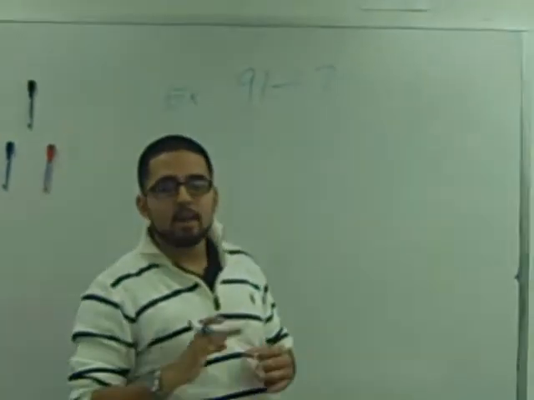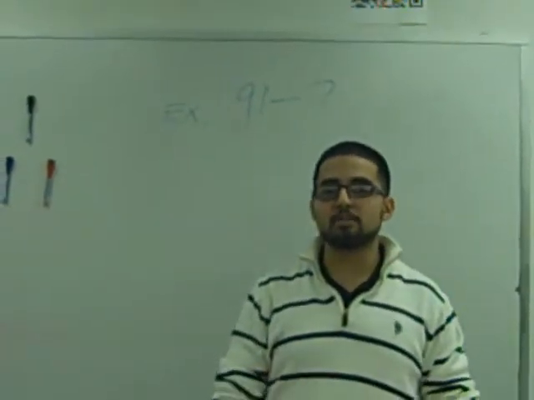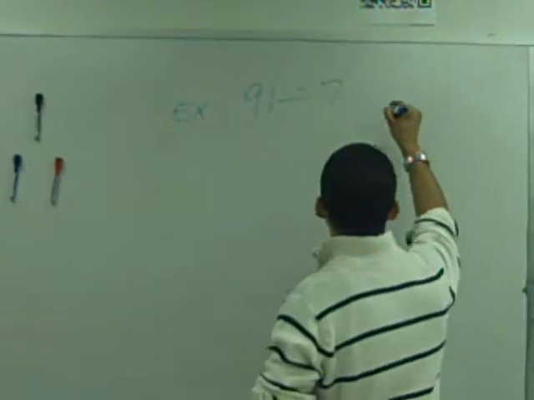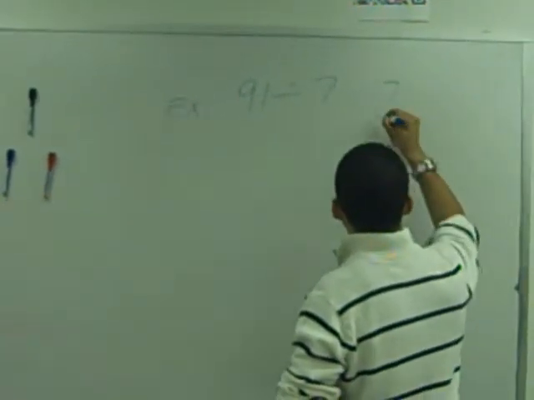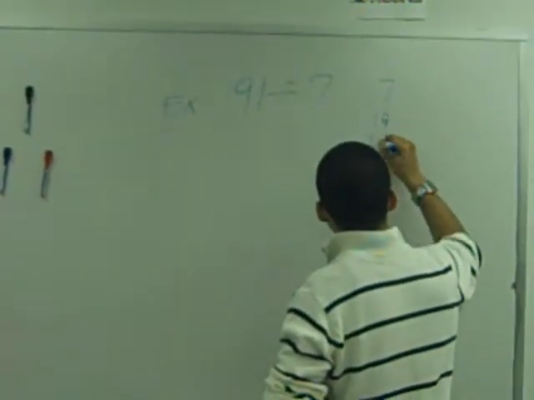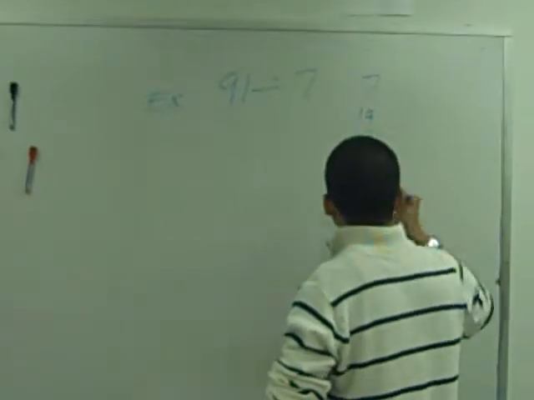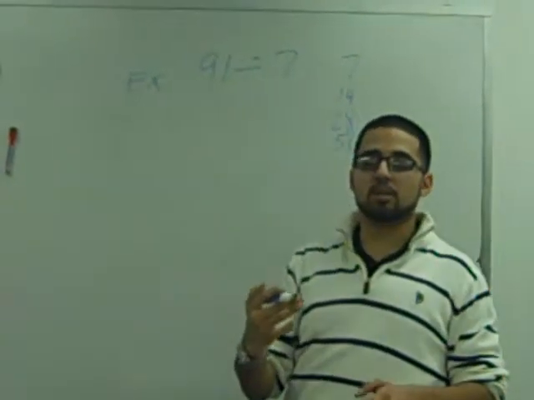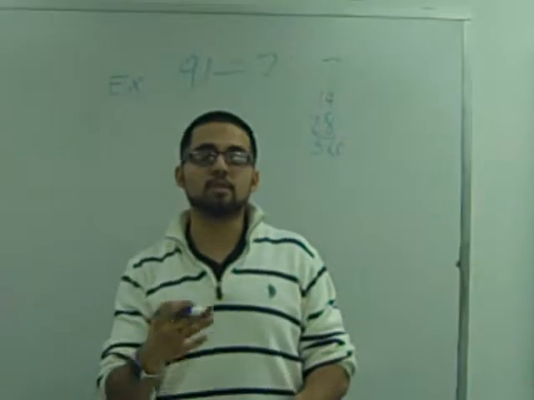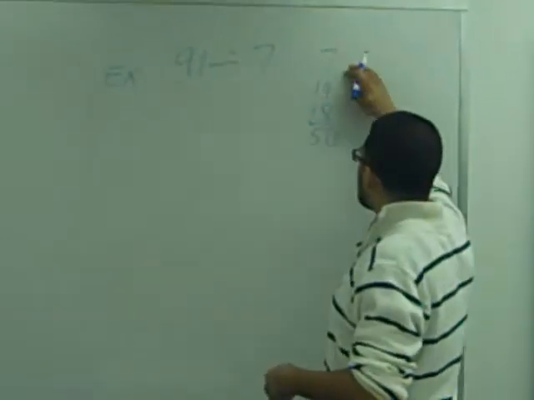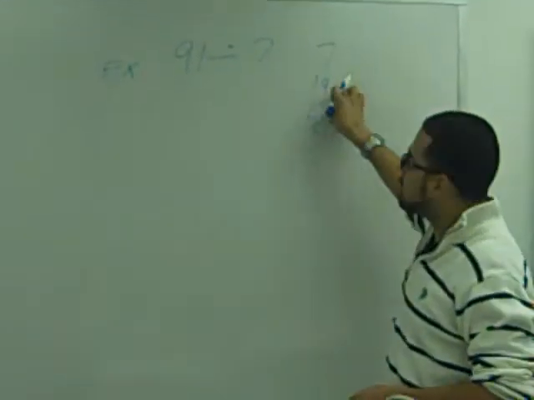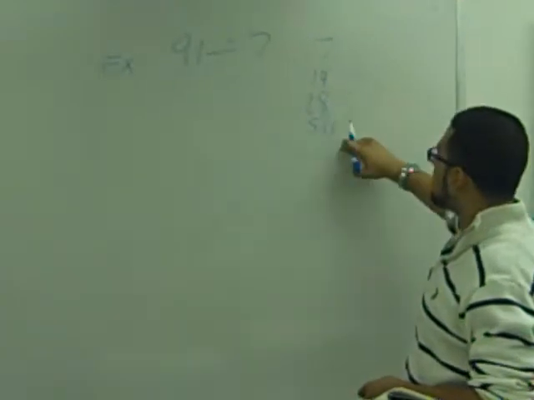Now the way the Egyptians divided is they would take the 7 and double that, and double that, always doubling the factor that comes before it. You start with 7, double it, you get 14, double that, you get 28 and 56.